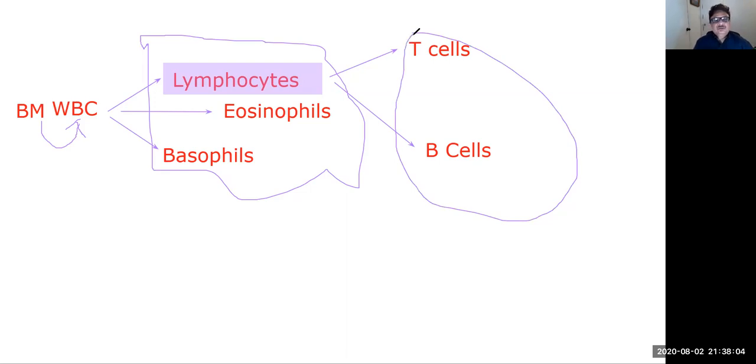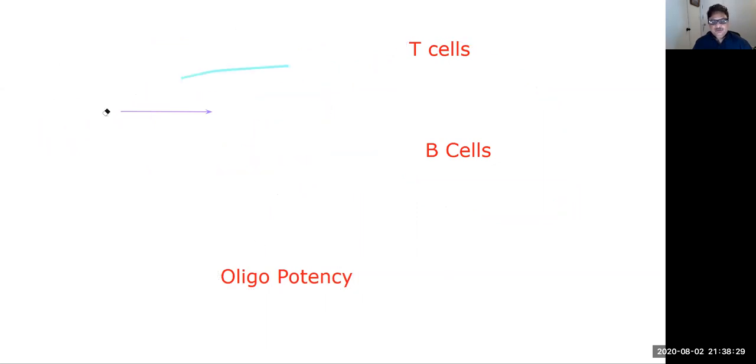Such a lineage, such potential of lymphocytes, is called oligopotency. Right. So what we talked about again: totipotent, pluripotent, multipotent, and oligopotency. The last is called unipotent.